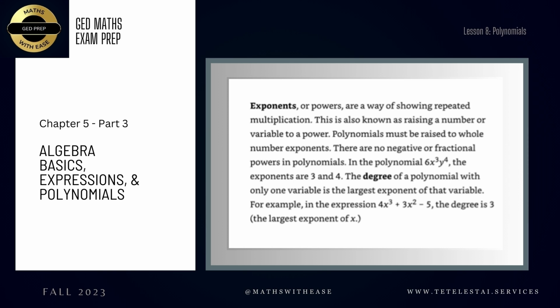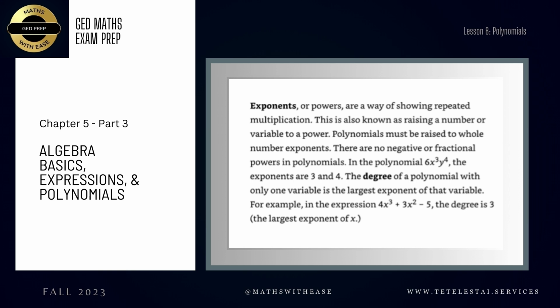There are no negative or fractional powers in polynomials. So if you saw an expression that read 2xy raised to the power of -3, you know that that's not a polynomial because it has a negative power. In the polynomial 6x cubed, y to the 4th power, the exponents are 3 and 4.